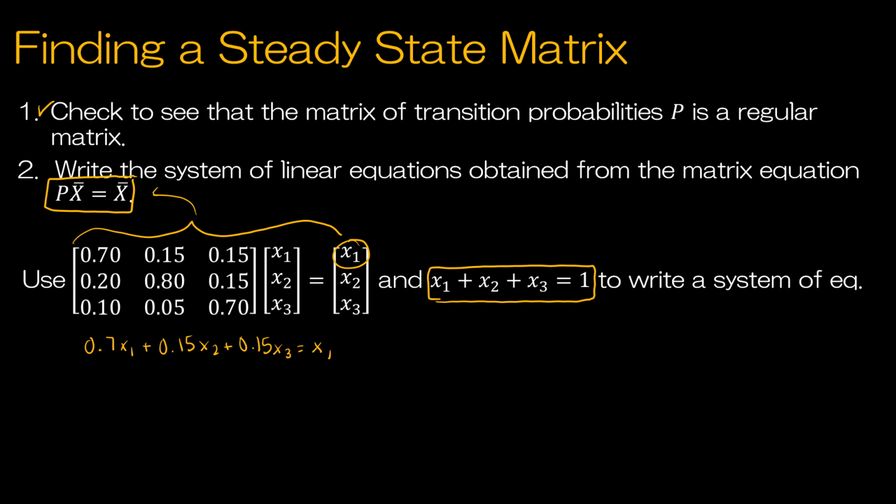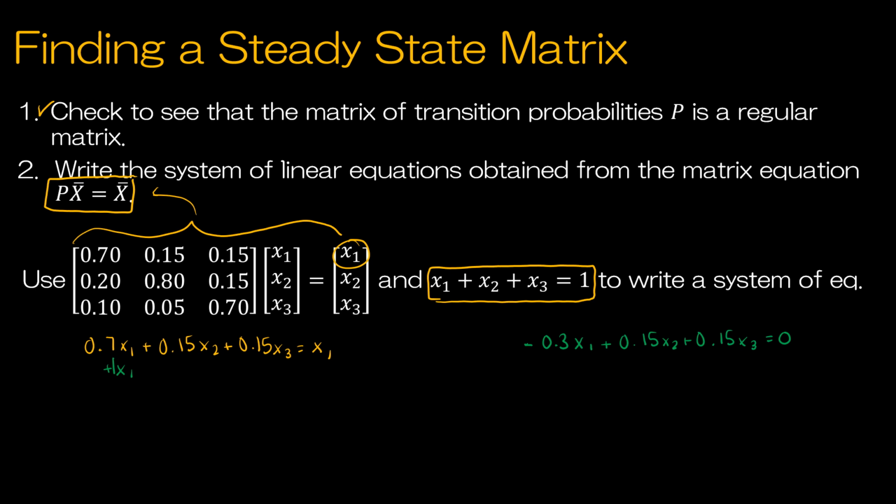After I subtract 1x1 from each side, this equation becomes negative 0.3x1 plus 0.15x2 plus 0.15x3 equals 0.